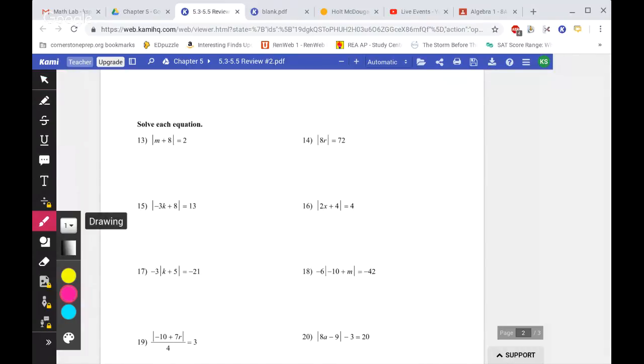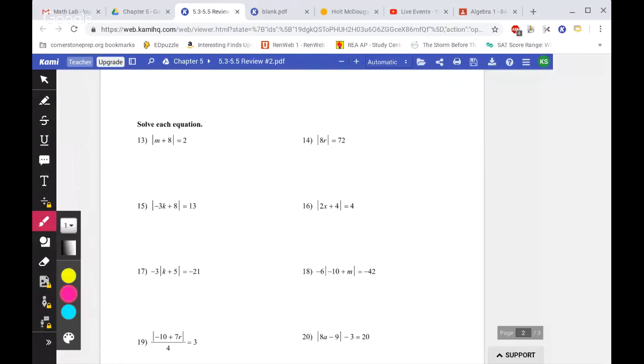Okay. So for absolute value, the absolute value of something is the positive. It's actually the distance between where a number is on a number line and how far you have to travel to get to the 0 on a number line.